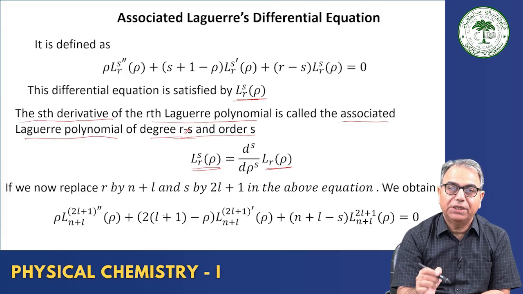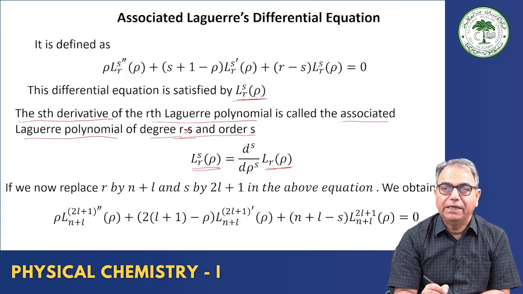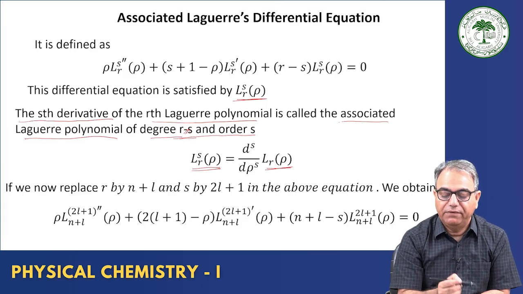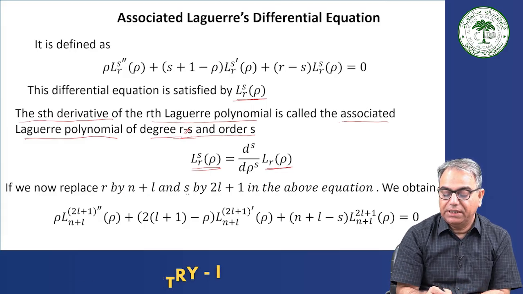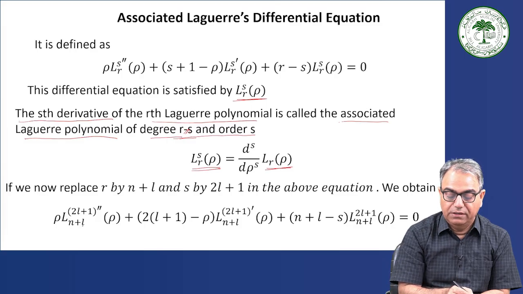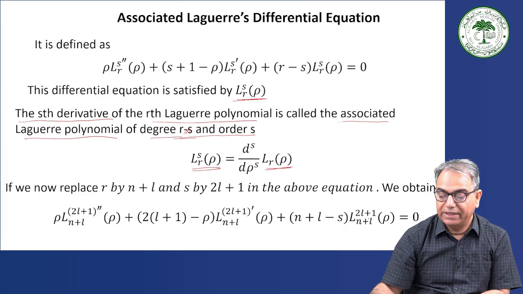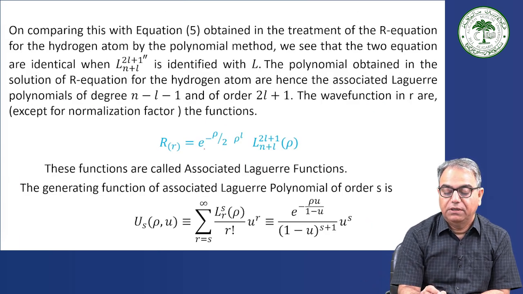So, the same situation arises which we came across in the theta equations, where we got the Legendre polynomial and the associated Legendre polynomial. Here we are getting the Laguerre polynomial and the associated Laguerre polynomial. Okay. If we now replace R by n plus L and S by 2l plus 1 in the above equation, we obtain this equation, and for that the solution is this one.